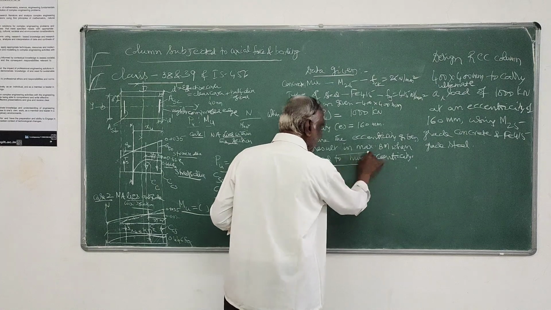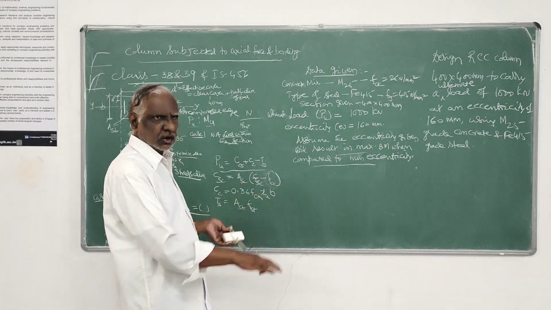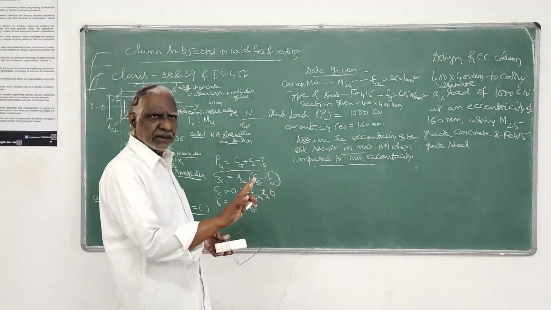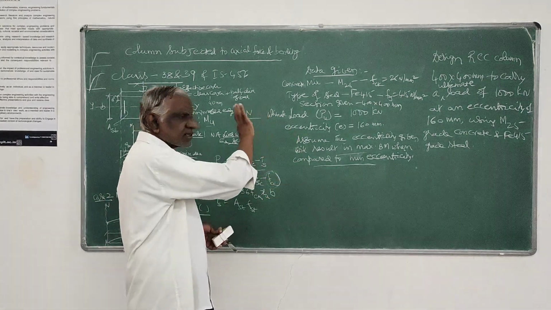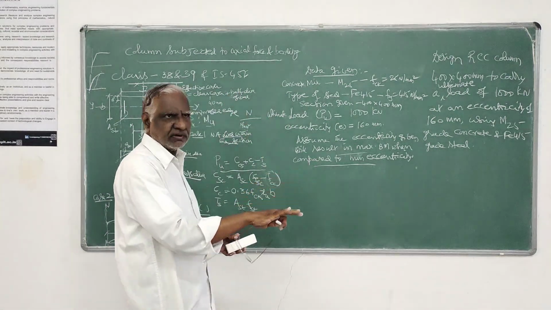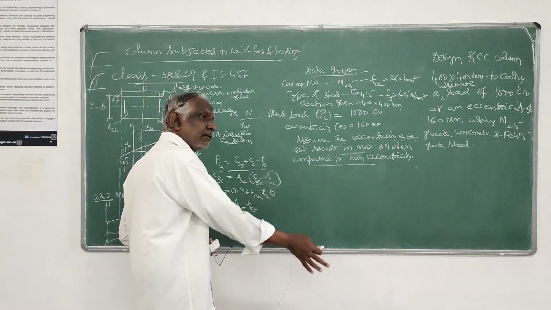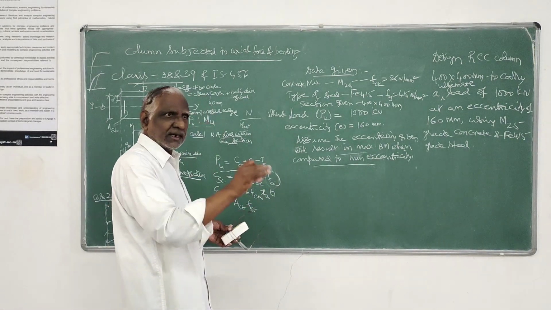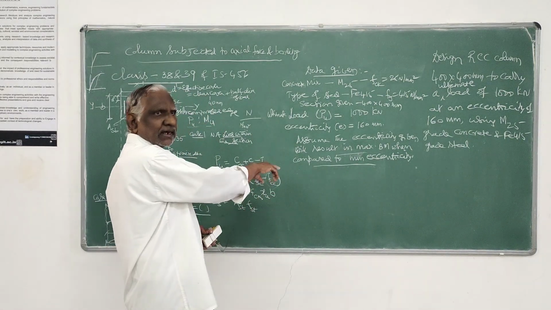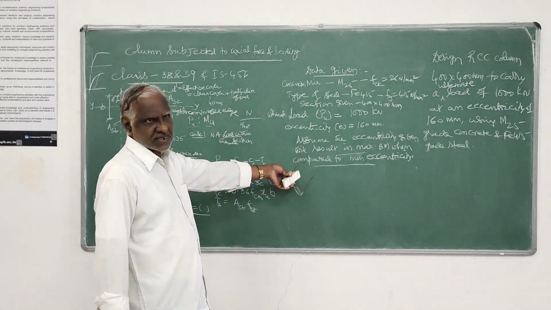We need not check this column section for minimum eccentricity. Whatever eccentricity or moment is given in the problem takes care of minimum eccentricity also. Definitely that moment will be more than the minimum eccentricity moment.